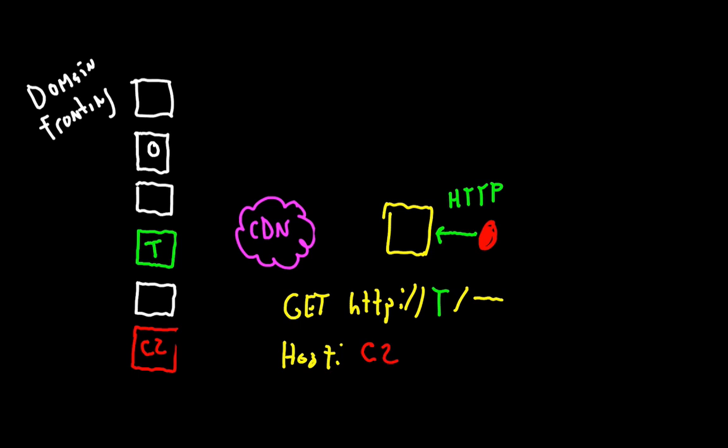Now, some proxy servers will actually see that these two things are different, and it will normalize those values and make the host header T. And so what ends up happening here is that your request does go to the CDN, and because that host header is set back to what it's supposed to be, your request goes to the trustworthy and repeatable origin server and not your C2 server. And that's the state of affairs we don't want.